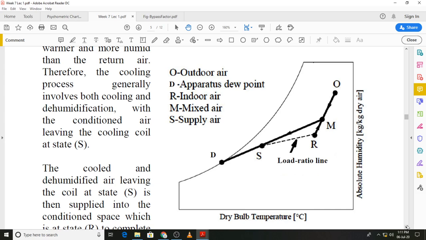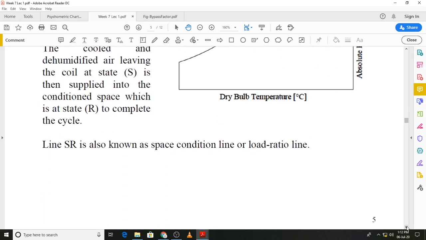That is the basic cooling cycle, which is for summer air conditioning, and that is typical of the cycle that you would come across in the region that we are living in. And again we had the load ratio line, that was line SR.